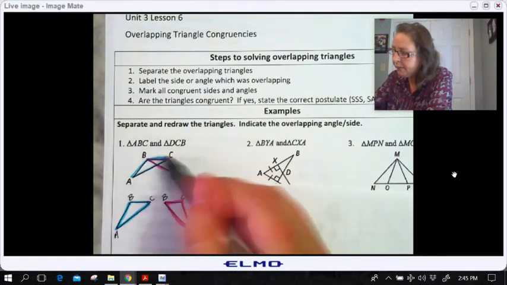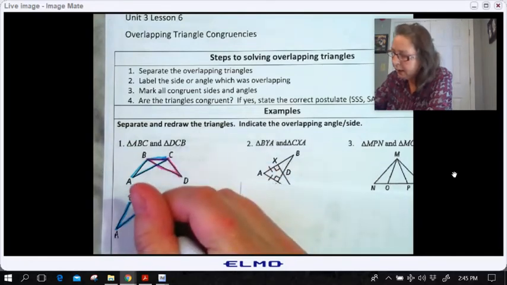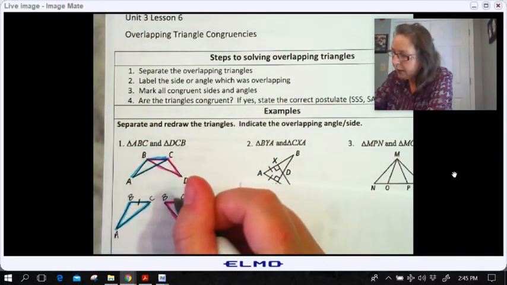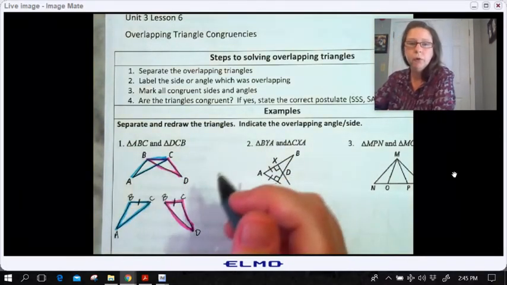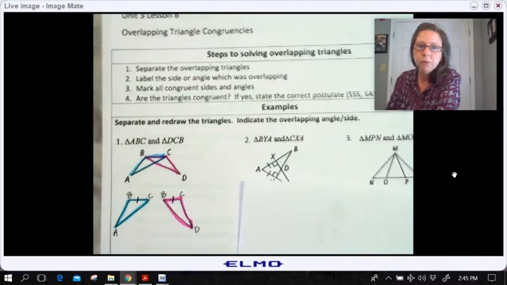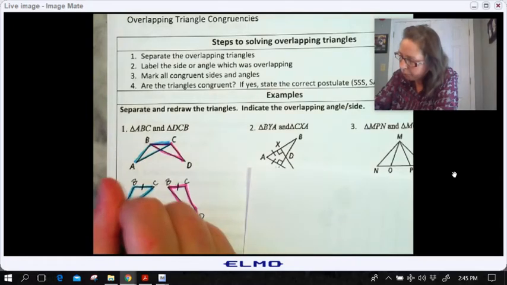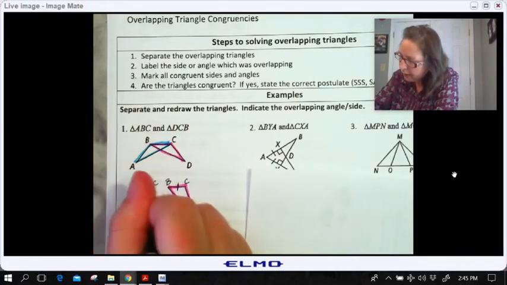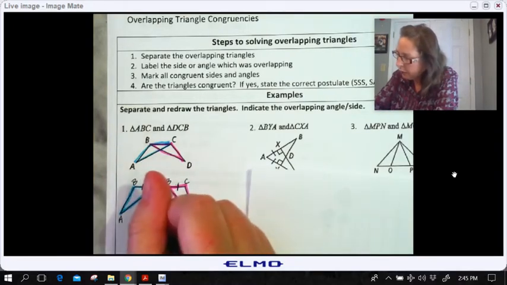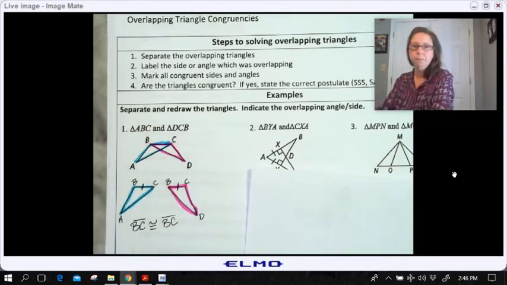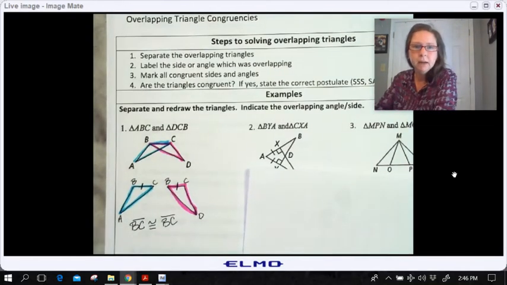So BC is the same as CB. These are congruent because of the reflexive property. They're the same side, okay? So BC is going to be congruent to BC. All right, and that's it.